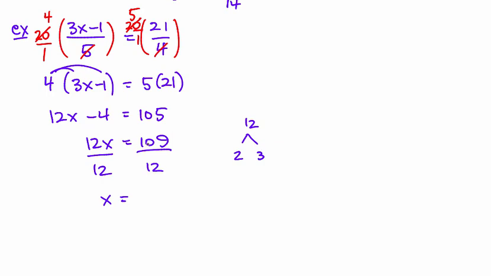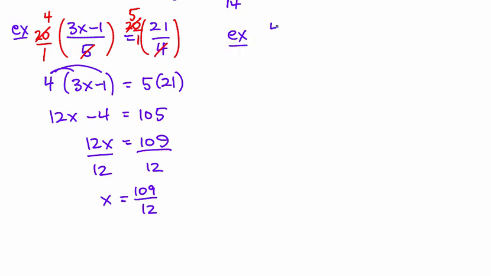The divisible by 3 rule is that if I can add up the digits, 1 plus 0 plus 9, and get a number that can divide by 3, then the original number can divide by 3. So it doesn't reduce, and I get 109/12 as a final answer.